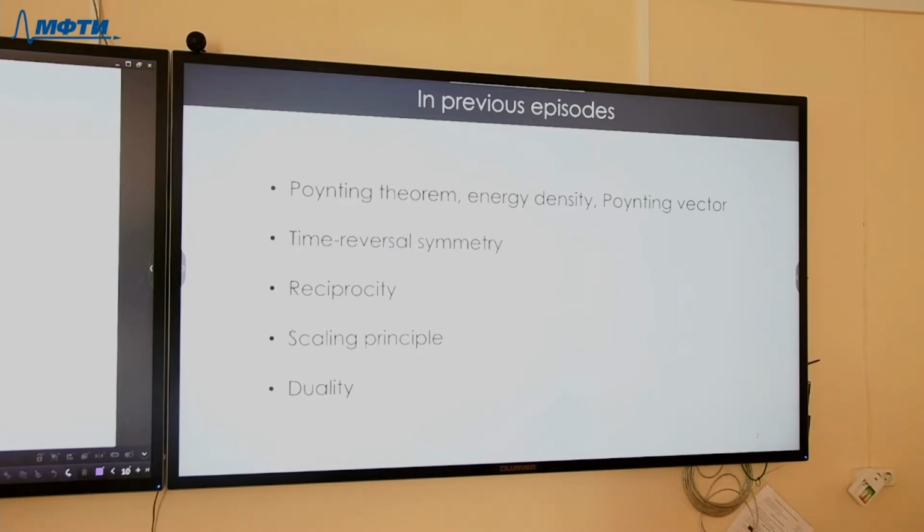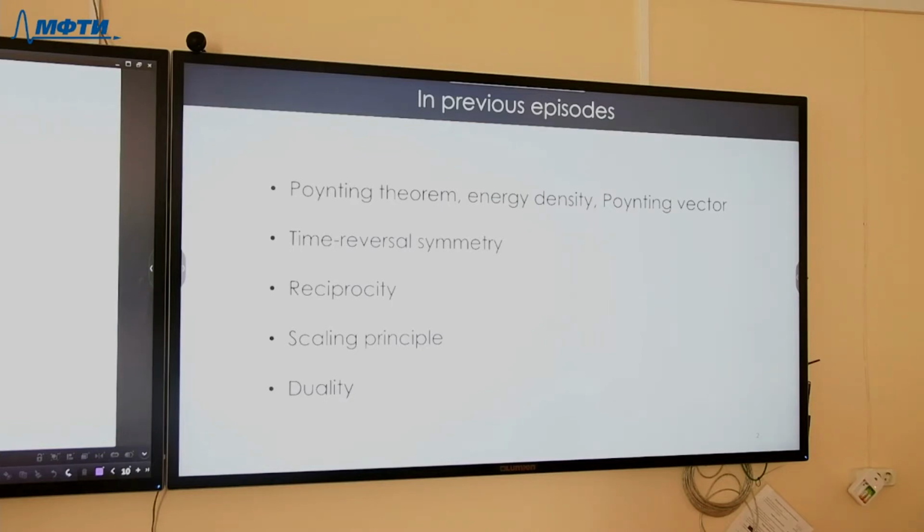And then also we learned two small but still very useful symmetries, that of the scaling symmetry and the duality symmetry. And one note, when I was deriving the Poynting theorem, I made statements that weren't very accurate.